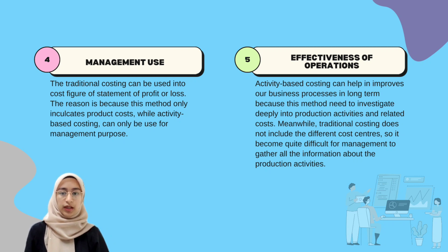Activity-based costing can help improve our business processes in the long term because the method needs to investigate deeply into production activities and related costs. Meanwhile, traditional costing does not include the different cost centers, so it becomes quite difficult for management to gather all the information about the production activity.